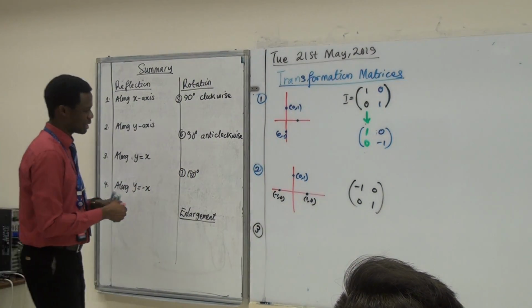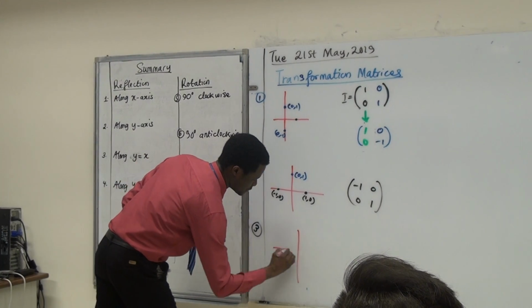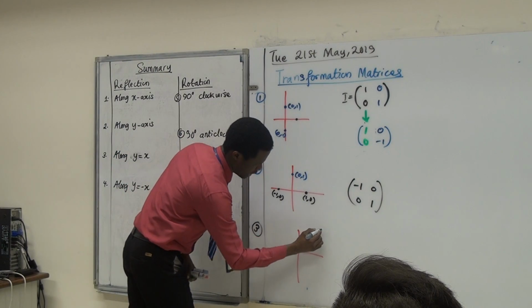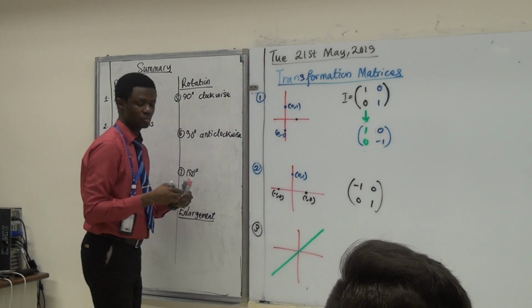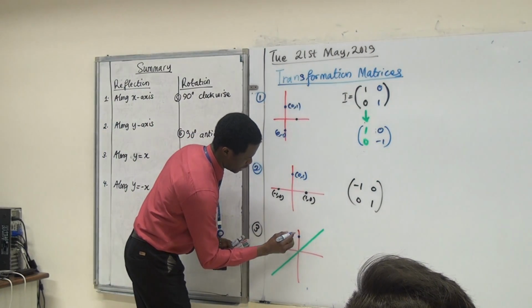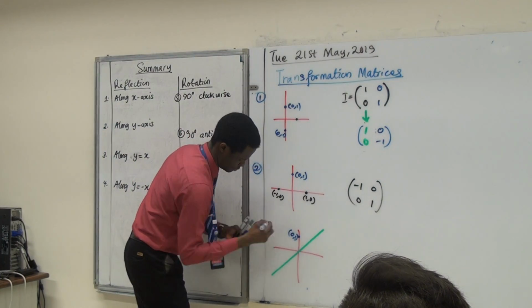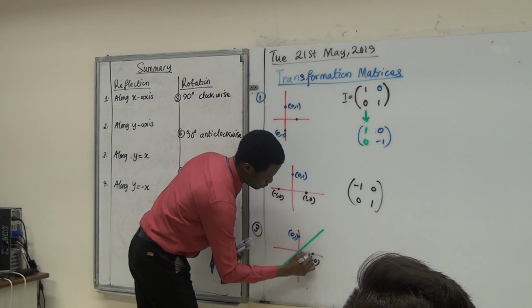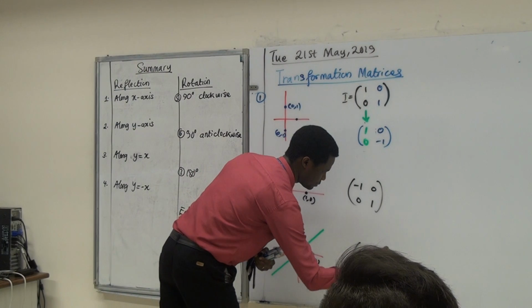We want to reflect along y equals x. So remember there are 2 points and your line y equals x is this. Okay? So the first point here, 0, 1, and the other point, 1, 0. So raise your hand, I'm going to ask you a question.